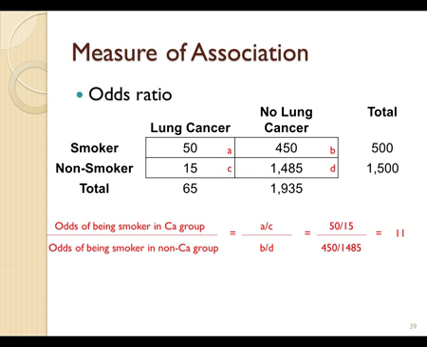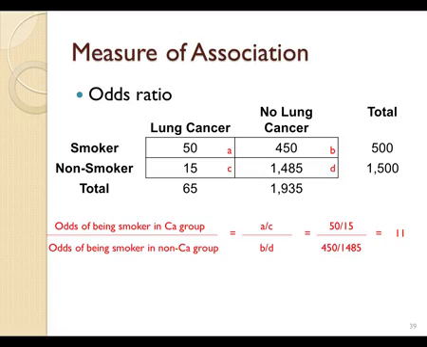But besides that, let's talk about what it would mean if we had an odds ratio of 11. So the interpretation of the odds ratio is the odds of having the exposure given that we know you have the disease divided by the odds of exposure given that we know you don't have the disease.